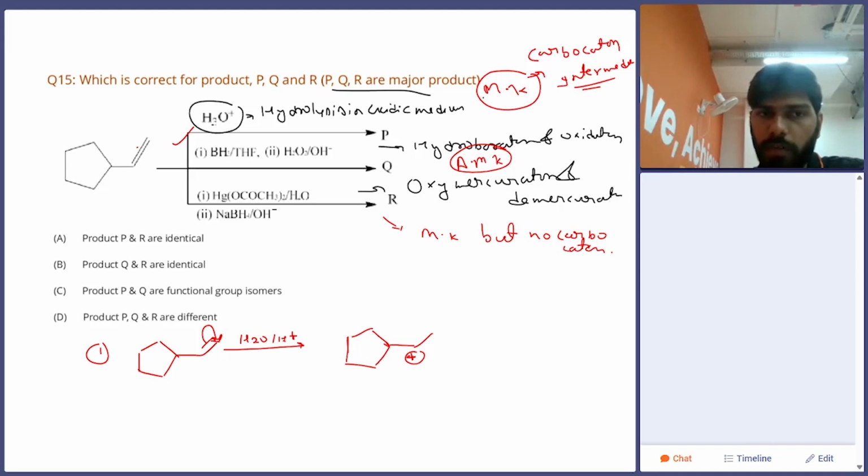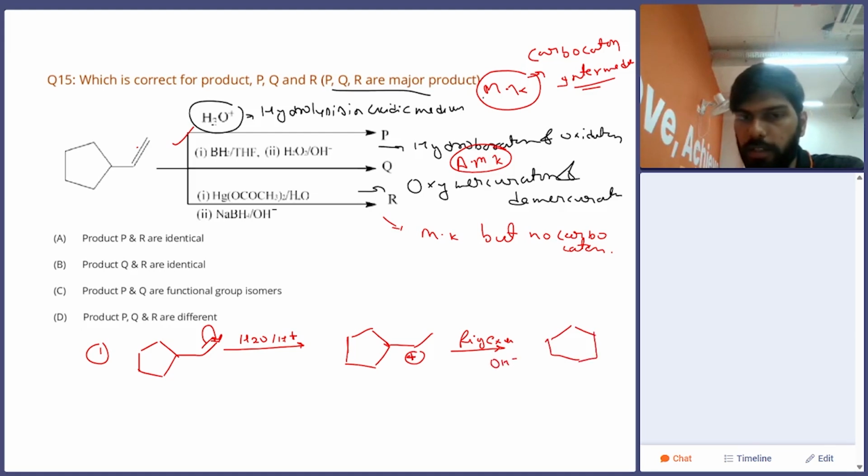I told you that in carbocations there is rearrangement, so we have to be careful while doing it. After that, ring expansion will occur, and then OH also will attach. OH minus will attack. I am directly writing OH, and this is CH3, one product.